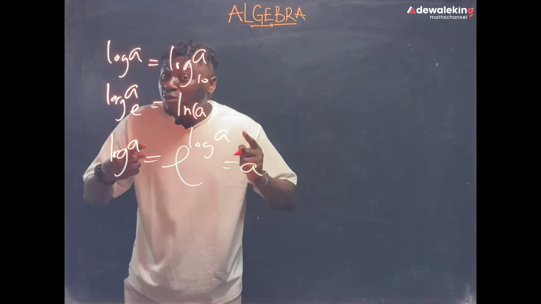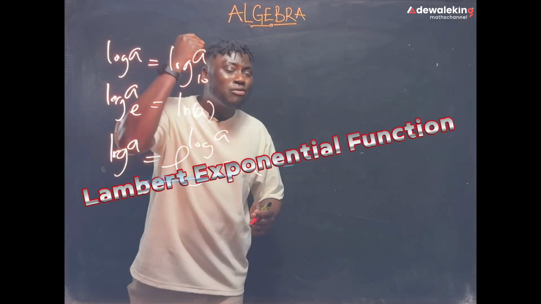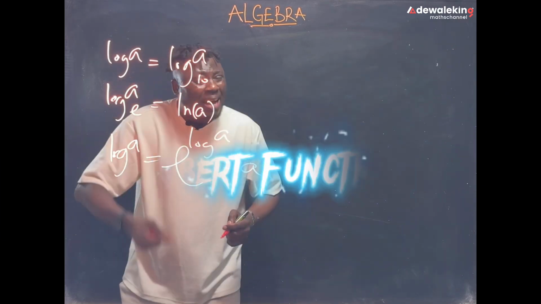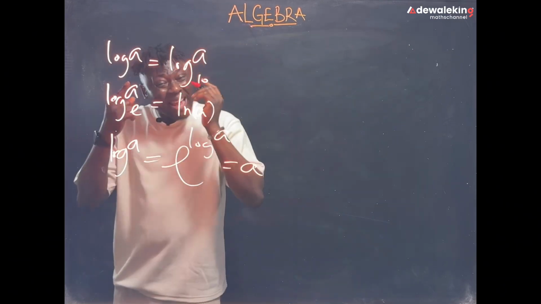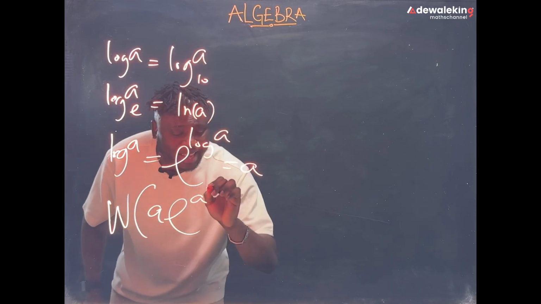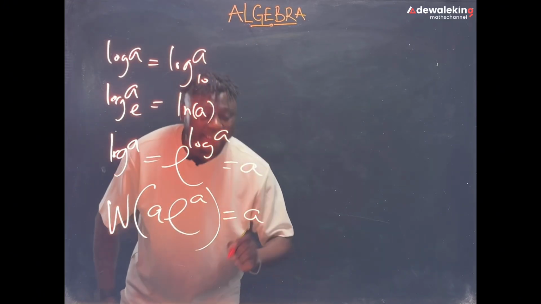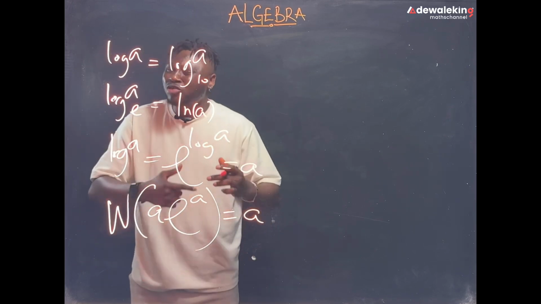Also, going forward, by using the Lambert W function, we have that W a exponential a is equal to a, just like this. So you have to know this as a mathematics student.